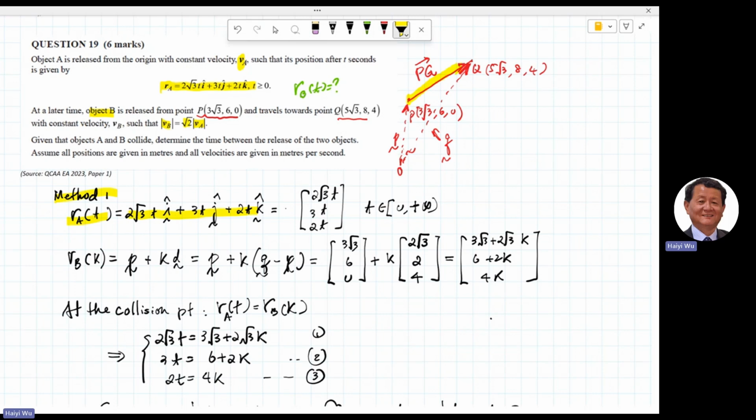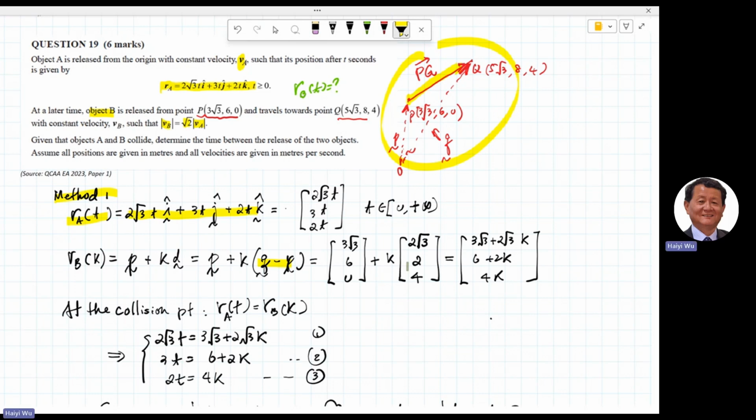Then, how do I find RB? We use the position vector P plus k, the parameter, times d, the direction vector. The direction vector is the direction from P to Q, so it's Q minus P.